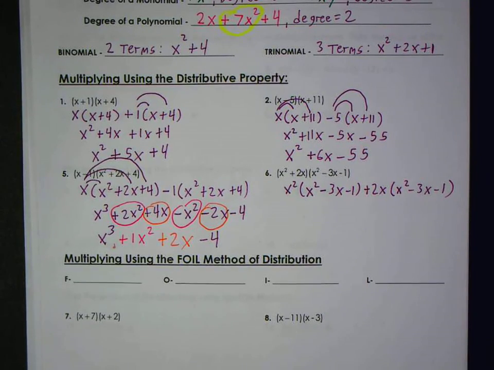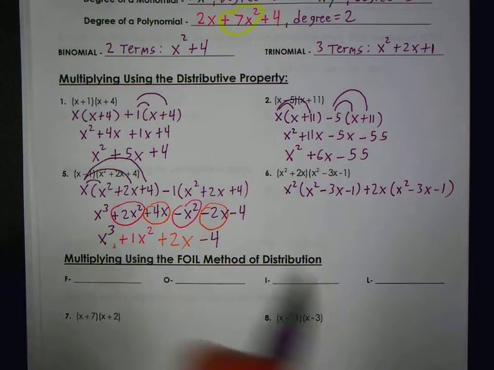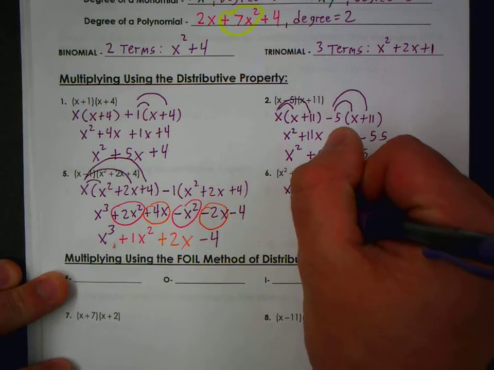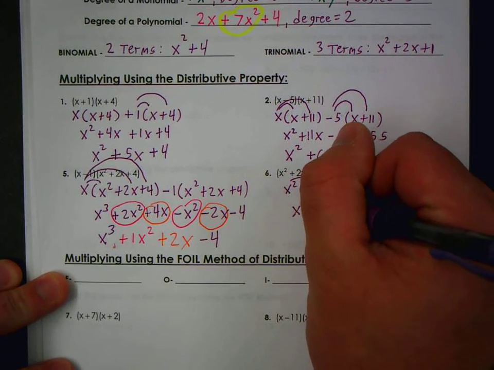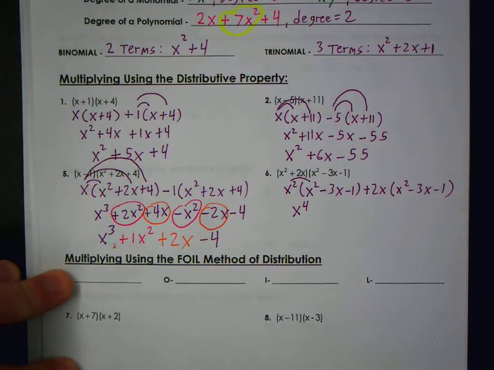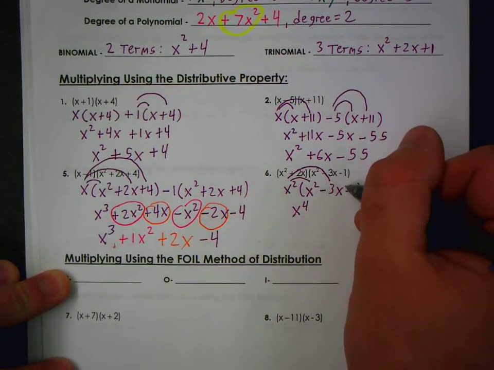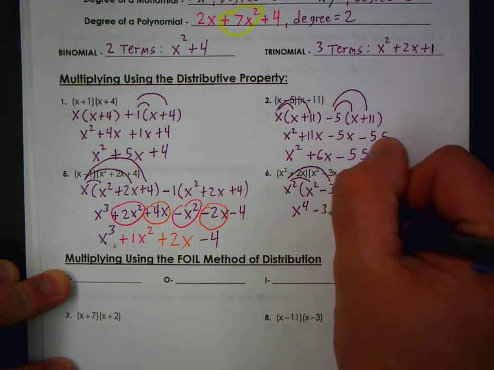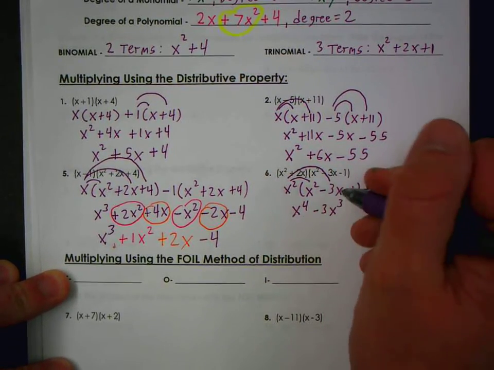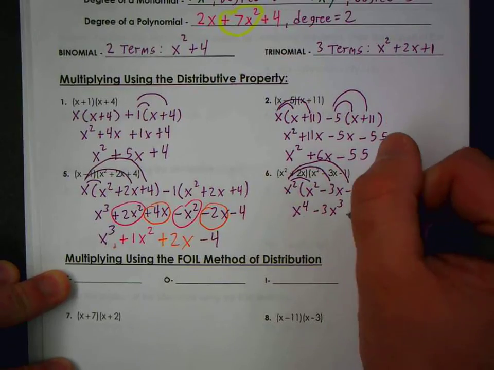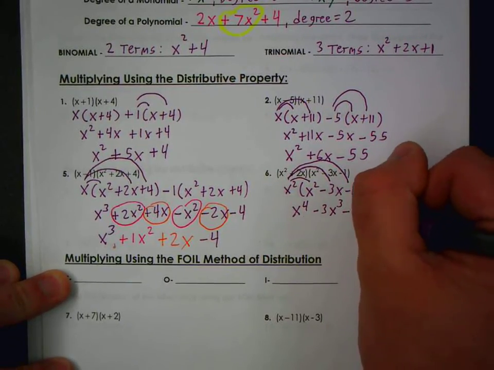And this is called multiplying using the distributive property. Distribute. X squared times x squared is x to the 4th, because 2 plus 2 is 4. X squared times negative 3x. 2 plus 1 is 3. Negative 3x cubed. And then x squared times negative 1 is negative x squared.